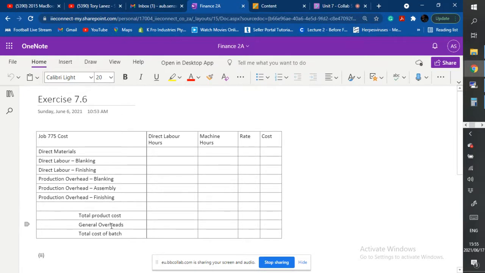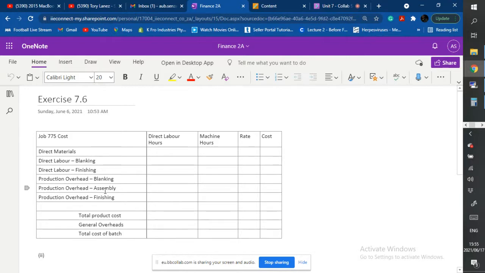So we get the total cost of production, then the total overhead costs, and we're adding in the general overhead costs, and that's how we get the total batch. A batch is literally just more than one. It's like a bundle. You can get a toothbrush, toothpaste, and also dental floss. Can you see that is a bundle? So a batch is like that as well: more than one thing mixed together.